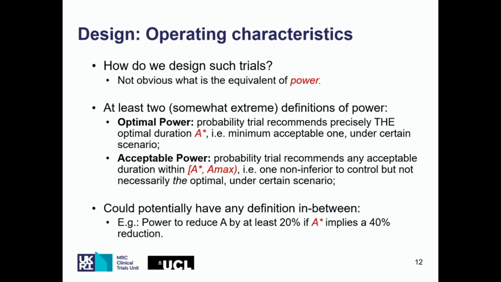It's not necessarily the optimal, but it's still good enough. And if we were to actually end up recommending this duration, we would still improve the way the treatment is currently delivered. Potentially, of course, we could have any definition in between these two. These are two extreme definitions of power, and then one could define power as something in between.